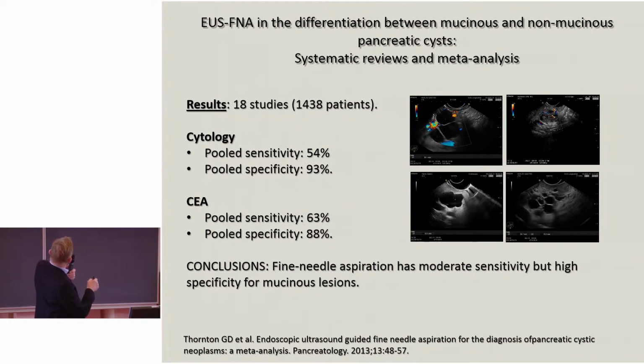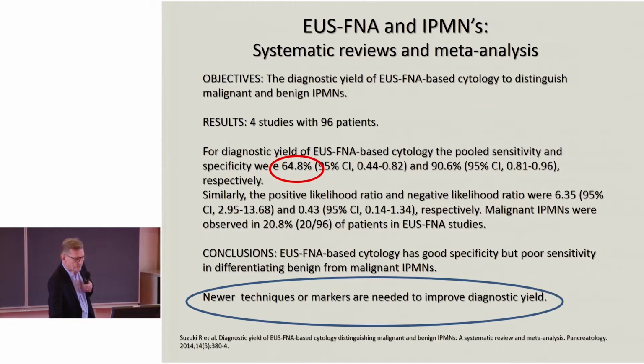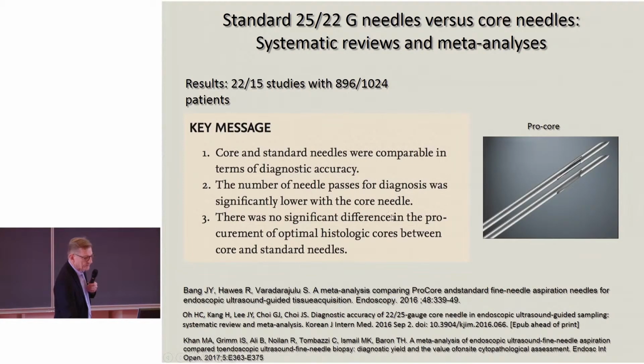CEA, a sensitivity of around 63%. So it seems that we need other ways to find the right diagnosis. EUS FNA and IPMN, 64.8% sensitivity. We need better images.